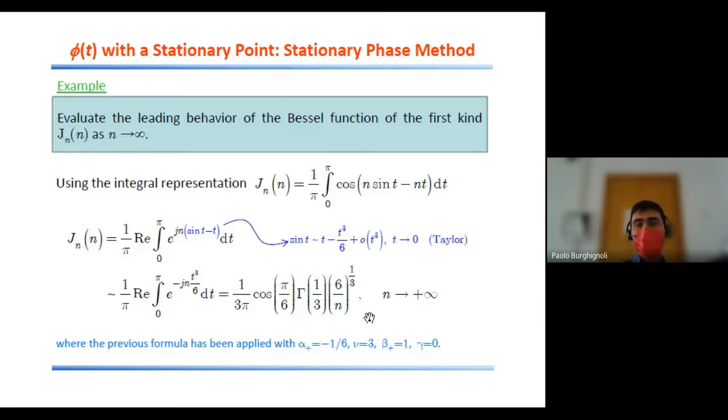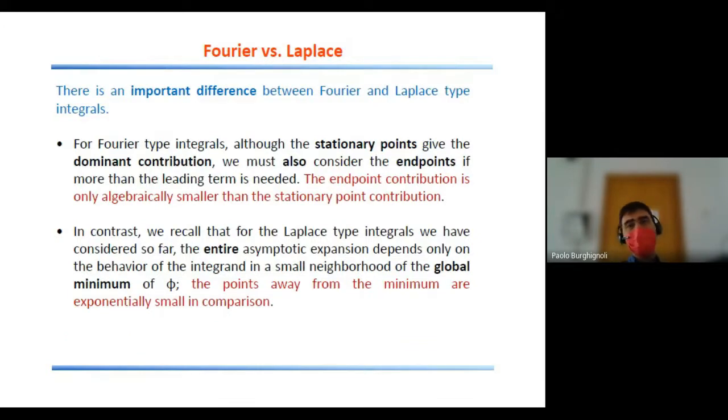Okay, I think that we are almost done. I will give you a final remark. If you compare the Fourier and Laplace type integrals, you will see that for Fourier type integrals, although the stationary points give the dominant contribution to the asymptotics, if you need to go beyond the dominant asymptotics, then you should also consider the endpoints, because those provide you terms that are smaller than the dominant one.